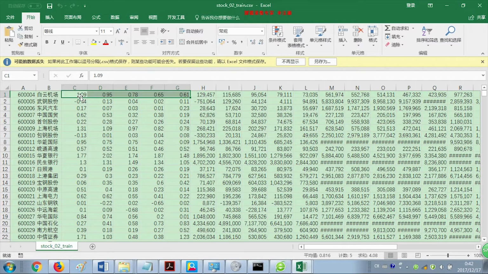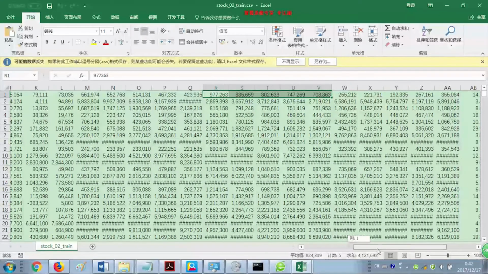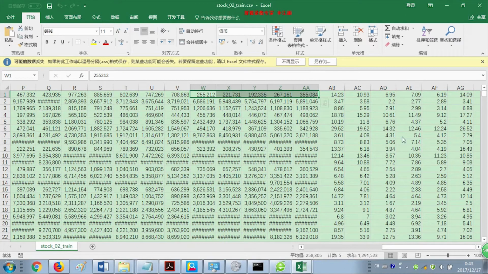From C to G, this is the profit per share of a given stock, and from H to L, this is the net profit of a company for a whole year, and from M to Q, these five columns are the operating profit of a stock, and from R to V, this is the net asset of a company, and this is the debt of that company.